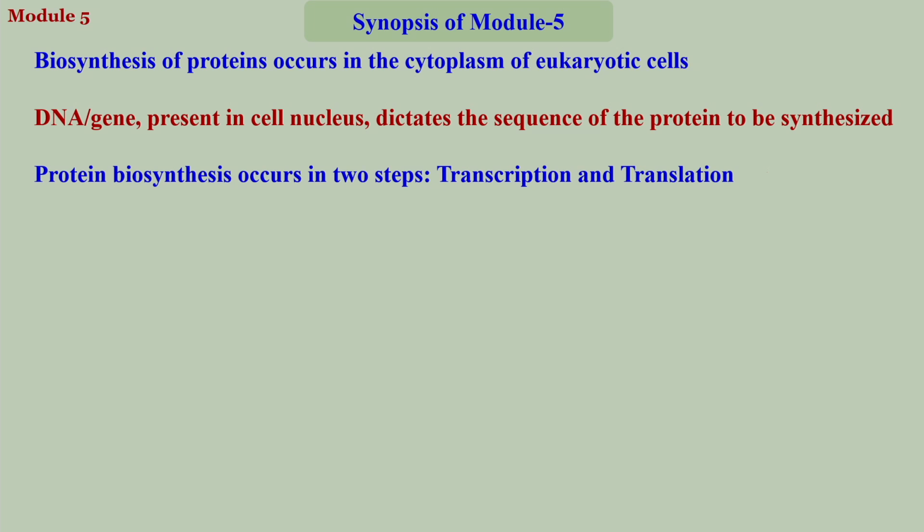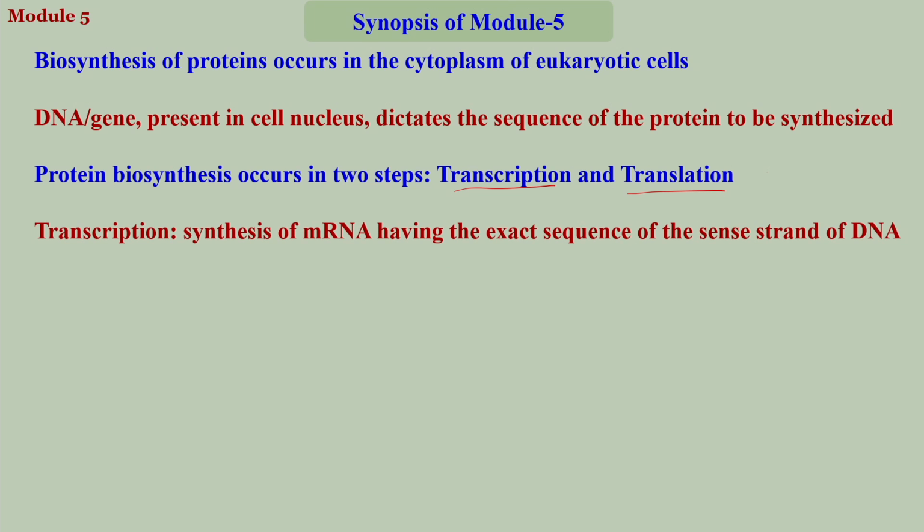The whole of this process, protein biosynthesis, occurs in two steps, as we have seen. One is called transcription, the other is called translation, and we have discussed in detail what transcription and translation are and what their mechanisms are. What is transcription? That is the synthesis of the mRNA having the exact sequence of the sense strand of DNA.